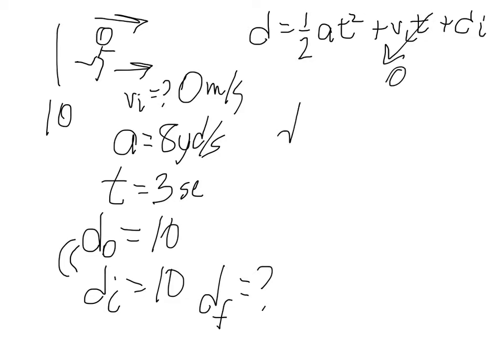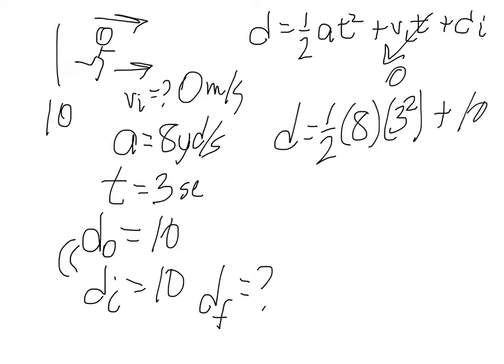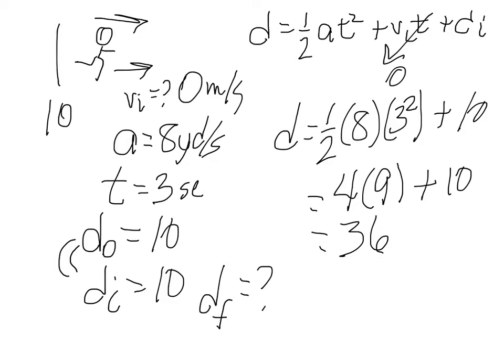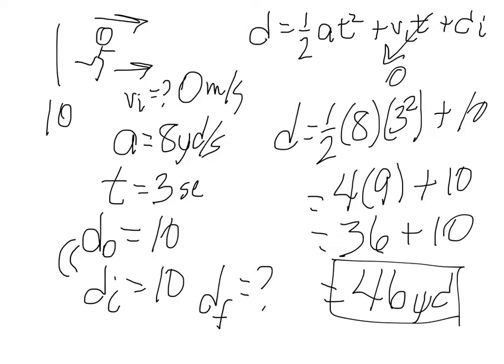So that means D is equal to 1/2 times 8 times 3 squared plus 10. So that's 1/2 of 8 is 4. 3 squared is 9, plus 10. So 4 times 9, that's 36 plus 10. So he is at the 46-yard line. So he's traveled 46 yards.